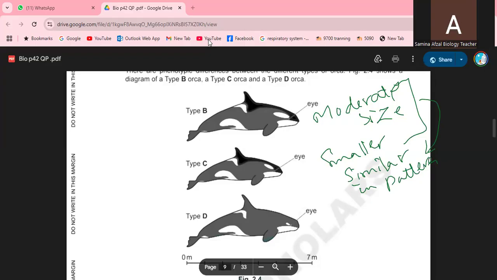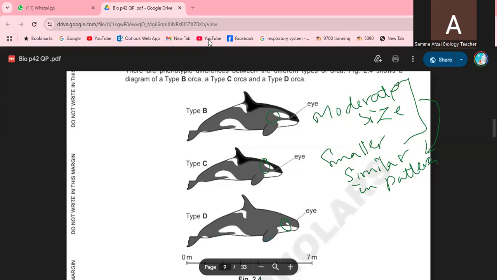And whereas the D is shown to be distinct in its appearance and color pattern as well. The D has a smaller, so you can see this area. You can see they have a much smaller post-orbital white patch.